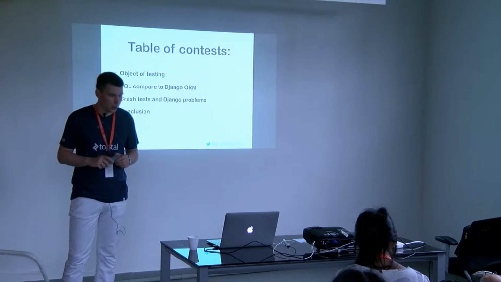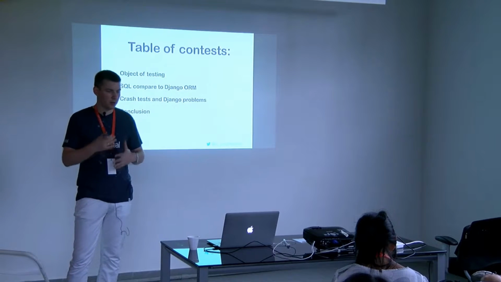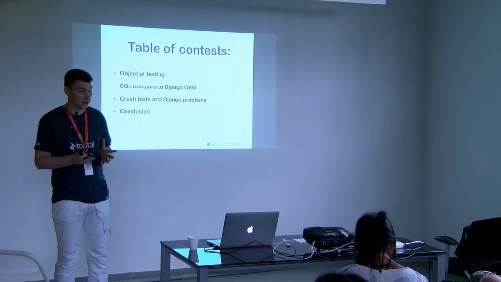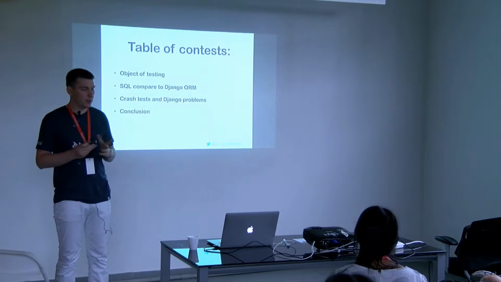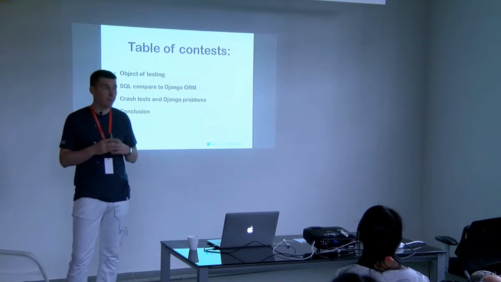Okay. What's the purpose of this talk, and what's the question I try to answer in the end? The world is swimming in articles and books about Django, Django ORM, and all sources cover only basic cases.